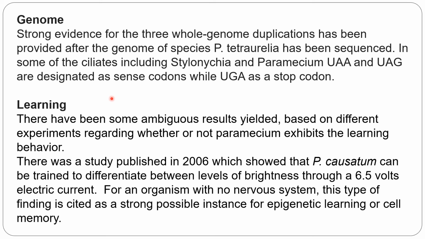In some of the ciliates, including Stylonychia and Paramecium, UAA and UAG are designated as sense codons, while UGA is a stop codon. This is the genetic part which has been studied in the lab.